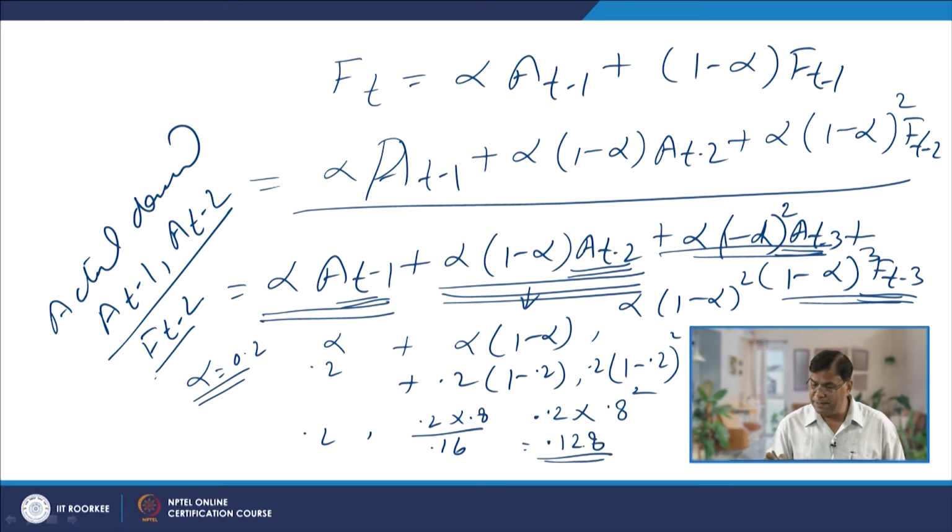So the weight given to third period data is just 0.128, for second period data 0.16, and for the most recent period data 0.2.